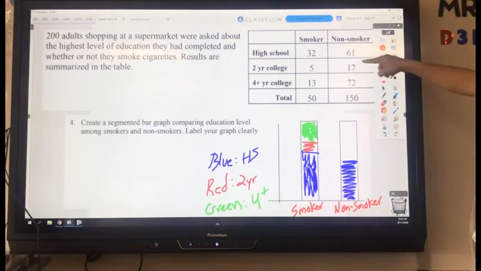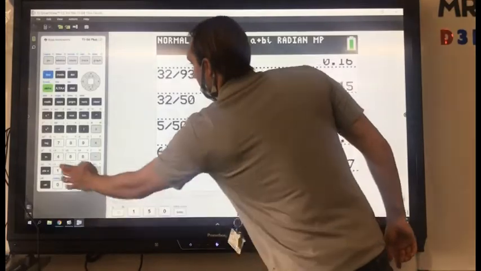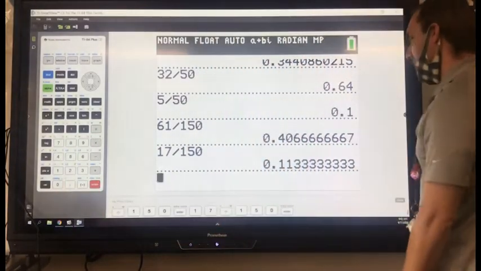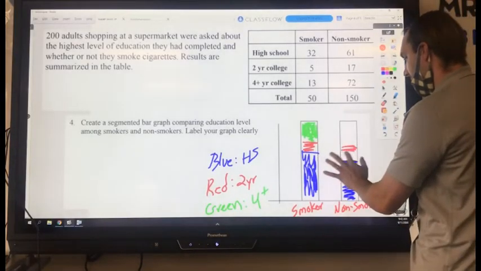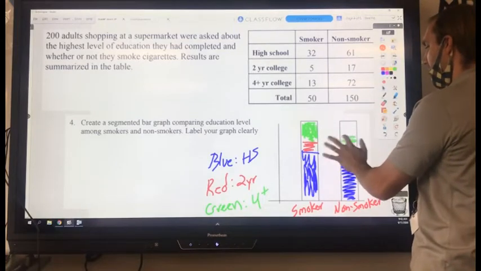Two-year college, 17 divided by 150. Looks like 11%, so about the same as my 10% there. And then my 4 plus here.